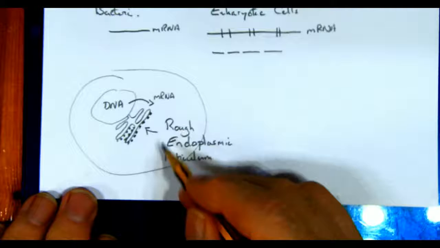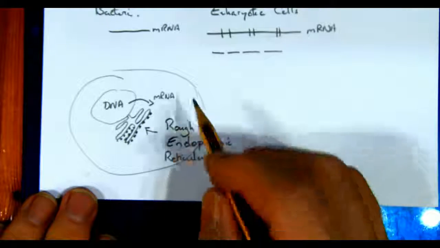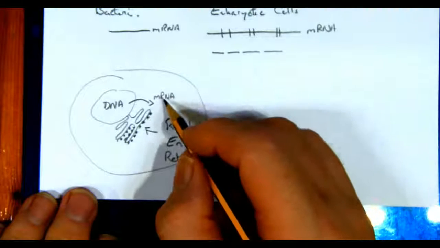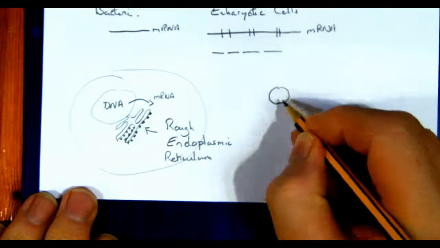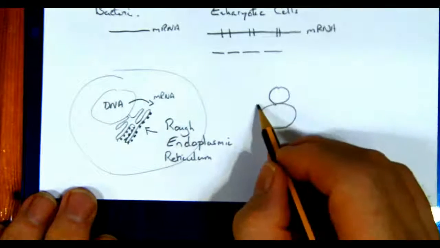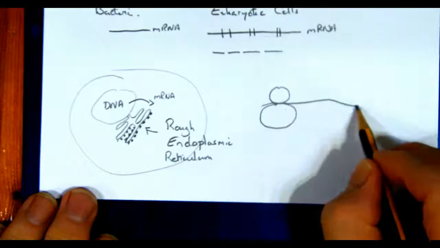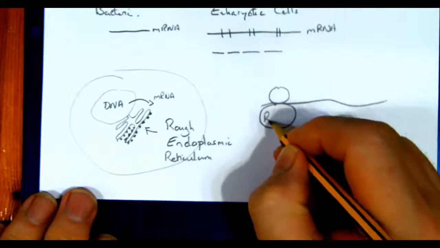Okay, so I've got my endoplasmic reticulum, and this mRNA binds to what looks like a cottage loaf structure of this ribosome.